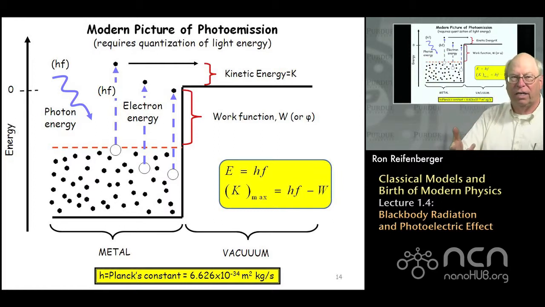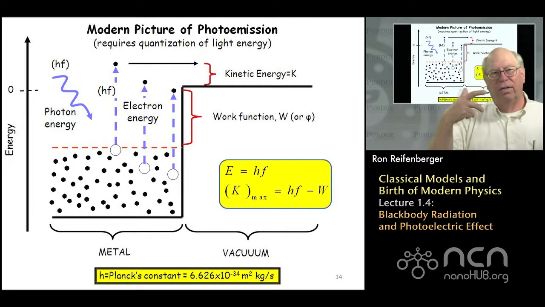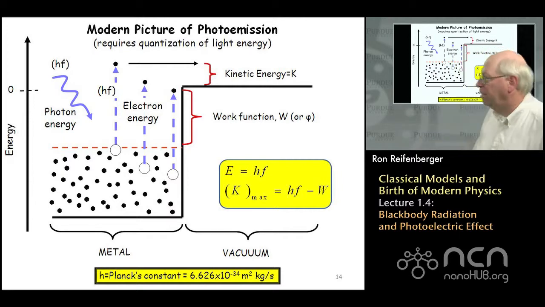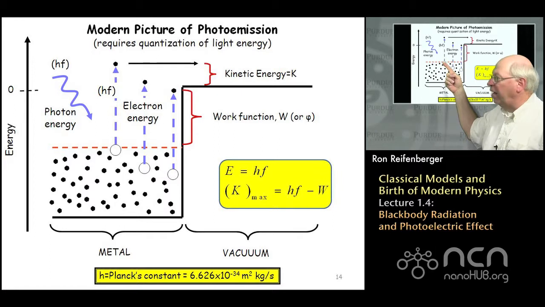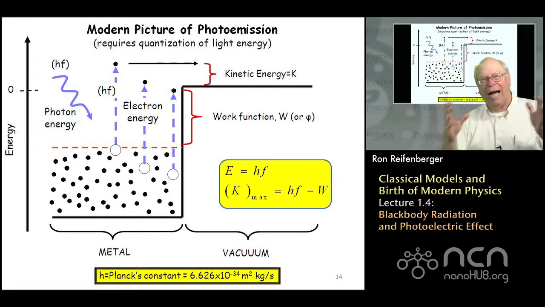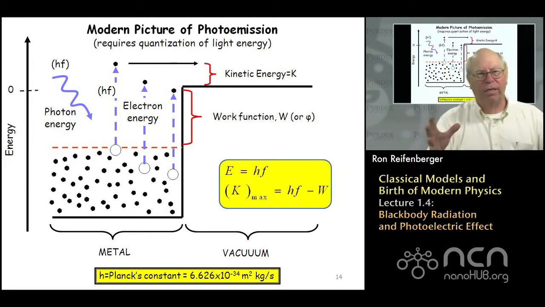Einstein took exactly the same formula that Planck had derived, and he applied it to the photoelectric effect. The idea is that each photon comes in. If it penetrates into the metal surface, it has a probability of interacting with an electron. If it interacts with an electron, it is possible that the photon will completely disappear and in the process give its entire energy to the electron.